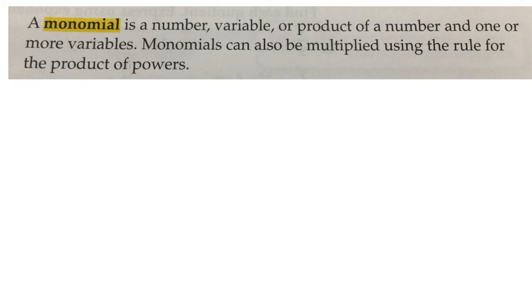So we're going to be using these rules that we just came up with for multiplying exponents on monomials. All a monomial is, it does not have a plus sign in between two terms. Like 6 plus 7, that has two terms. It would have to be something like 3 would be a monomial, or 3x would be a monomial, because that's a product. It's a number and a variable being multiplied together.